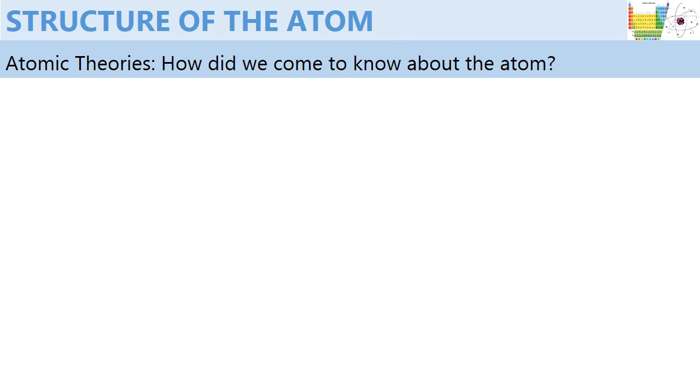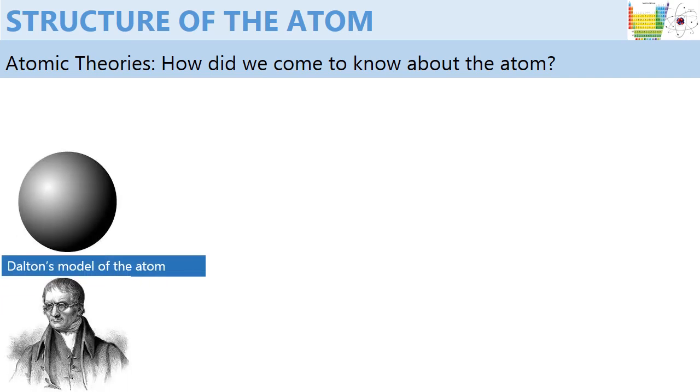Fast forward to the 19th century, and we had a major scientific breakthrough by a scientist known as John Dalton. According to John Dalton, he came up with his model of the atom, stating that matter is composed of very small, indivisible particles called atoms.